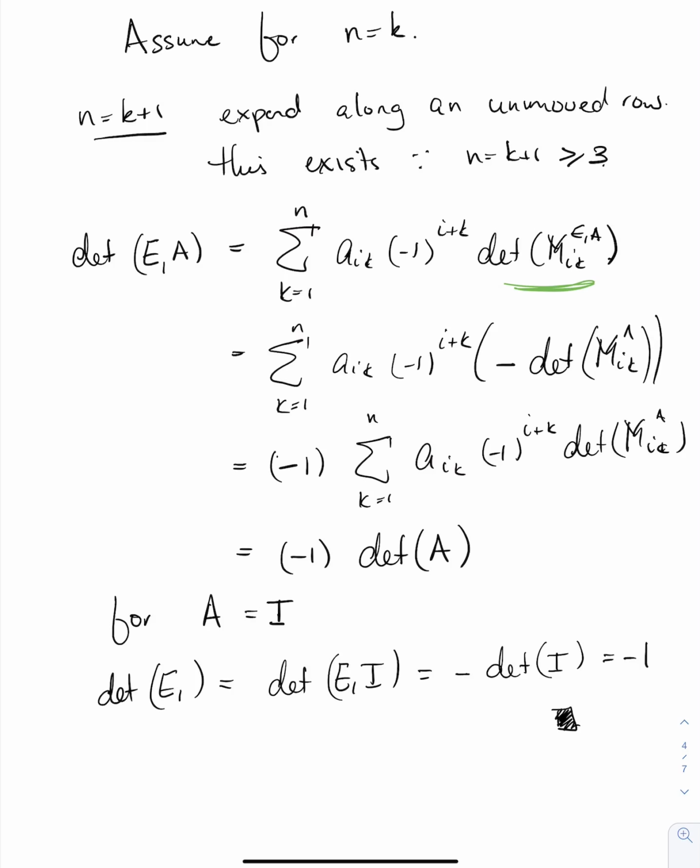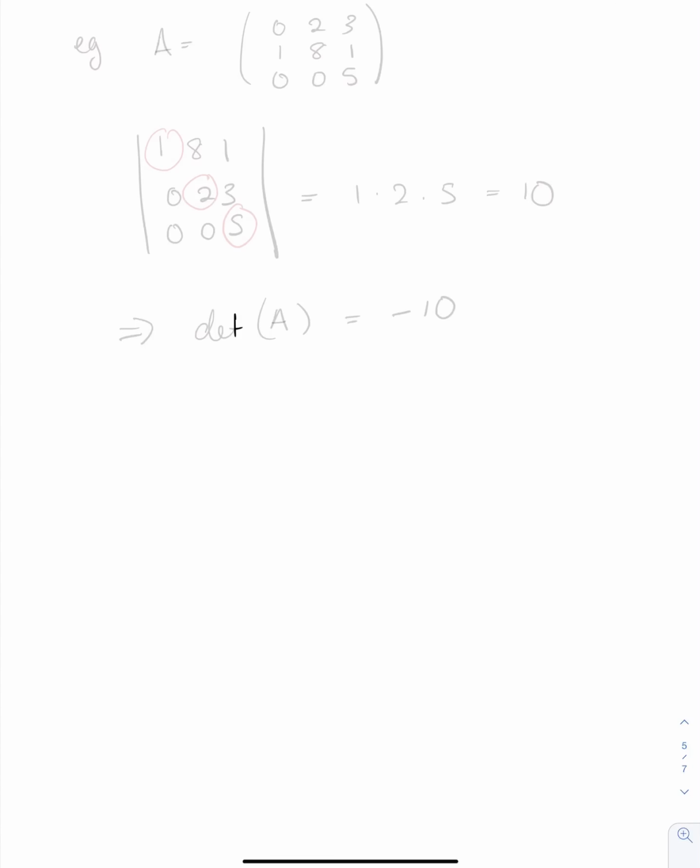Let's do an example. And yes, I admit that this is a little bit contrived. Say I've got A is the matrix 0, 2, 3, 1, 8, 1, 0, 0, 5. I could do this directly, or I could use some of the claims that we've been establishing.